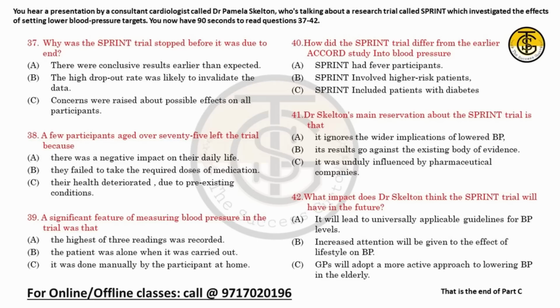Despite this, in general, the ACCORD participants were rather lower risk than those in the SPRINT trial, probably because of the slightly lower average age. The ACCORD trial didn't show a statistically significant benefit for overall cardiovascular outcomes, but there was a clear 40% reduction in strokes, even though that was a secondary outcome.